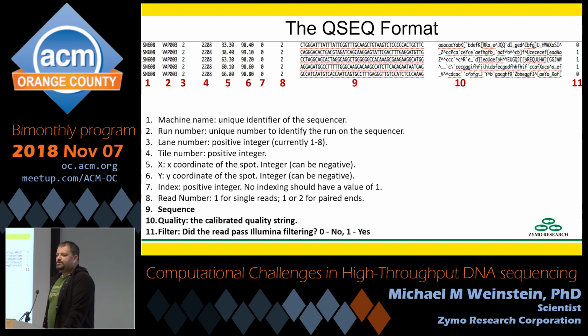tile. This is pretty impressive. For any individual read of DNA in a QSEQ, I can go back and I can tell you essentially what machine read it, when it was read, and where on the flow cell that read happened. So kind of cool for traceability, and traceability is very important for sequencing.